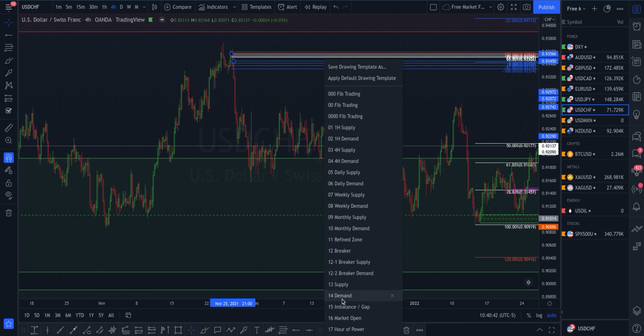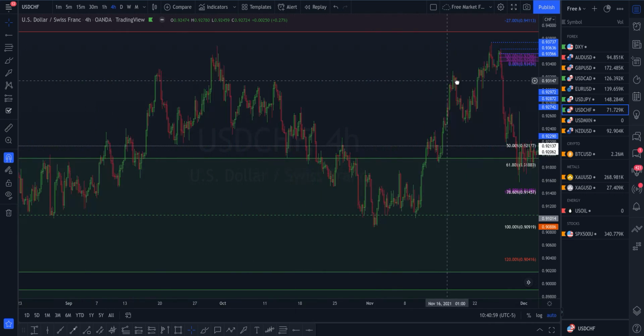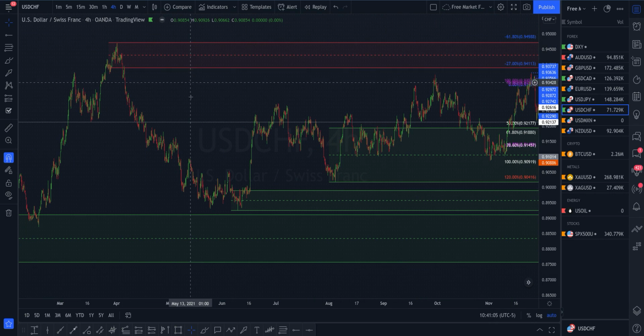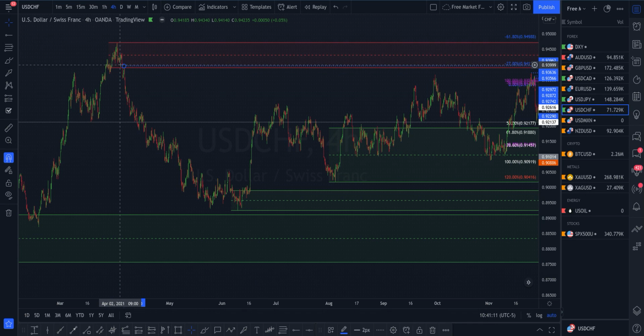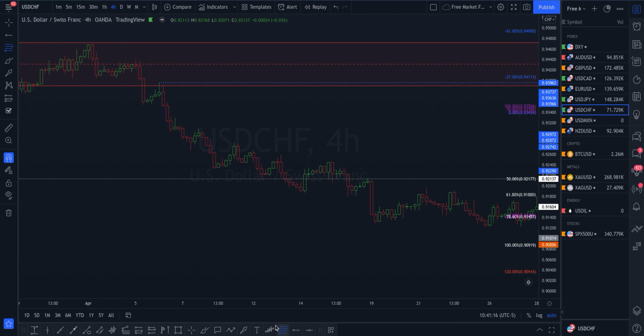We've got this imbalance where we can take partials at that fill, even partials at that high. And again, guys, you just want to secure some profits. That's all you want to do is secure some profits. You could take a partial here. A partial, of course, at 27%, but there's also imbalance fill that we could take partials at.